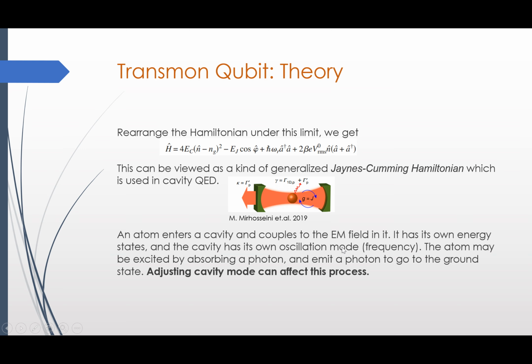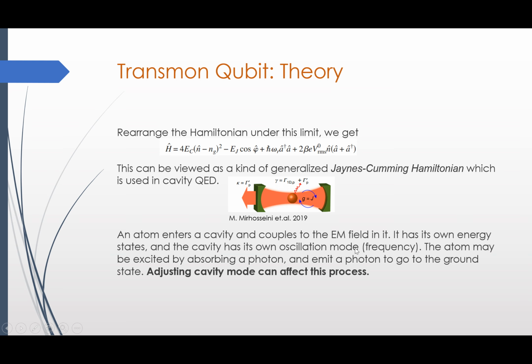Cavity QED describes an atom coupling to the electromagnetic field in a cavity. The cavity has some oscillation modes which correspond to some frequency, and the atom has its own energy levels. The atom may or may not absorb a photon and go to the excited state, or emit a photon to go to the ground state.